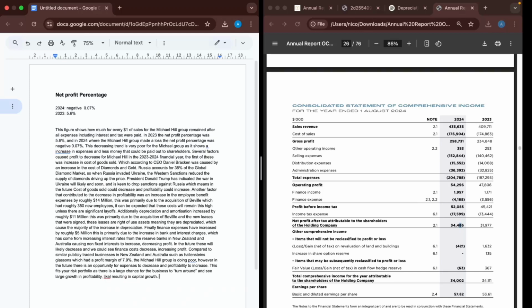Capital growth meaning the value of the share price is going to increase. Alrighty guys, so that is, it's doing poorly. So that is kind of what we're looking for in just one of our sections.